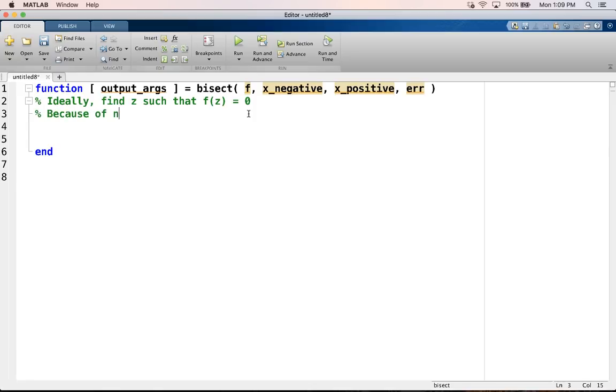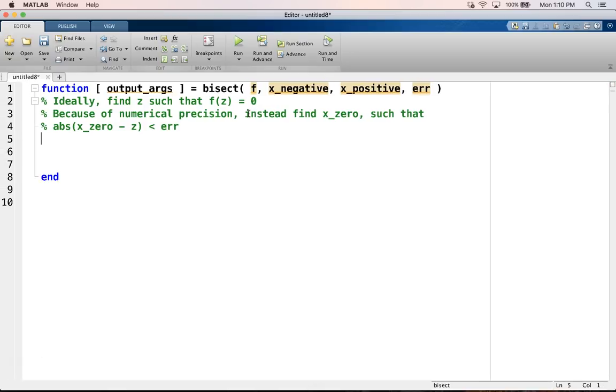Okay, and because of numerical precision, instead we want to find x0 such that absolute value of x0 minus z is less than our error threshold. And x0 and z, these are both between x negative and x positive.